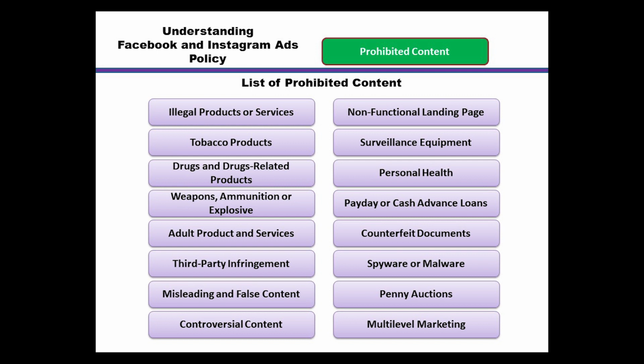They do not allow you to use those kinds of product marketing campaigns on their platform. And as well as payday or cash advance loans. It's a very basic thing, you know it very well, so I don't have to explain what it is about.